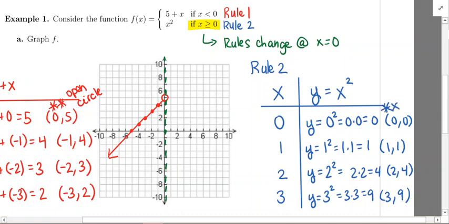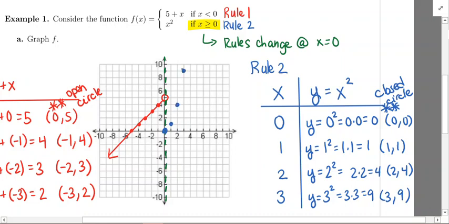This is legal, so this is going to be a closed circle. Everything else will be a closed circle. The only possible place you can have an open circle is where the rule changes. So 0, 0 will be closed, and then we've got 1, 1, we've got 2, 4, and we've got 3, 9.